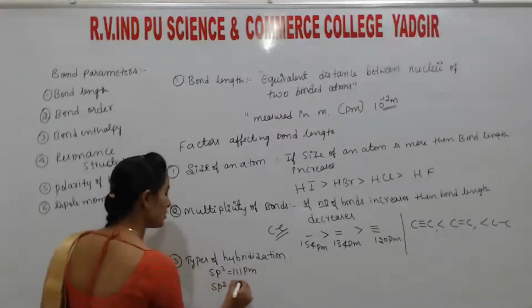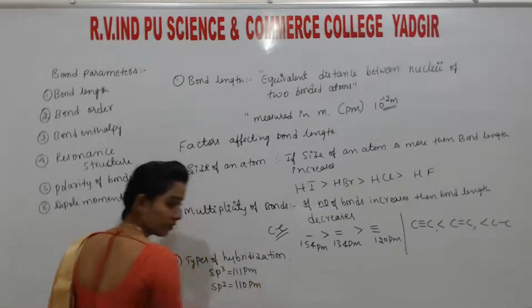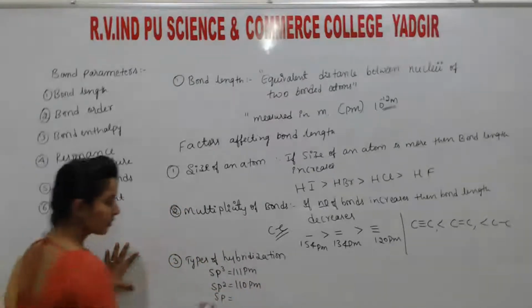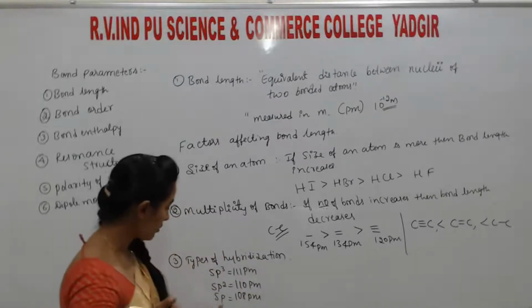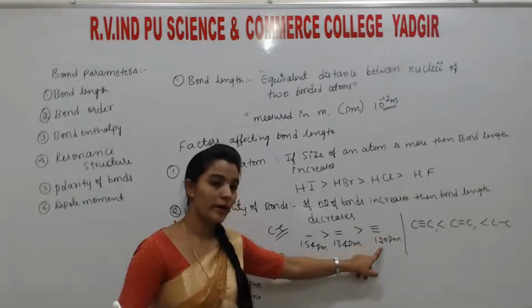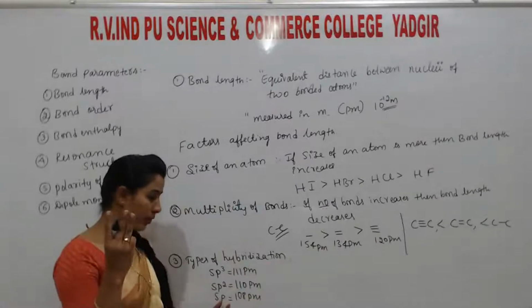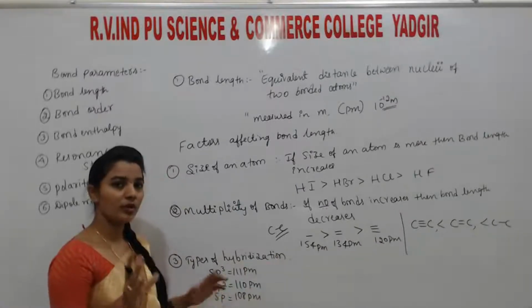sp2 hybridization, then it is 110 picometer. Okay, sp hybridization means, of course, it is 108 picometer. So students, remember here I told you, if the bond order is more, then the bond length decreases. sp hybridization means that is triple bond. sp2 means double bond. sp3 means single bond. We know that.